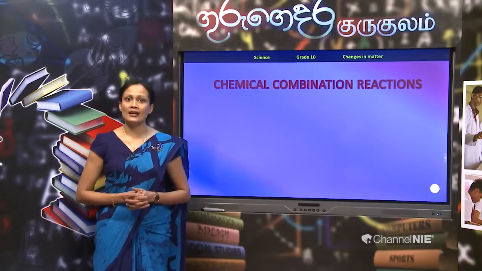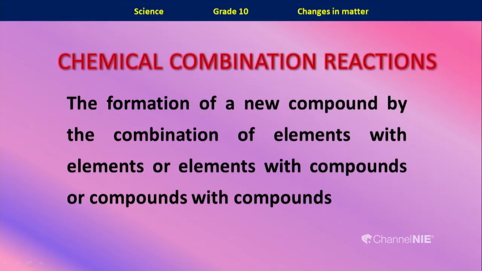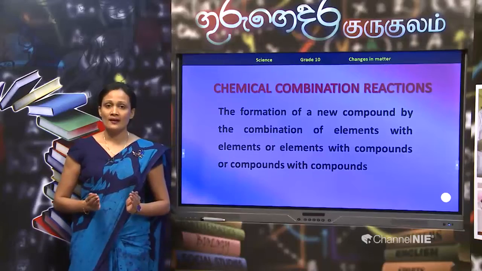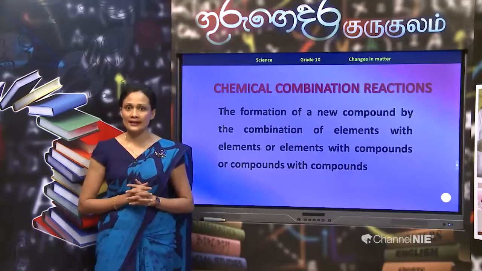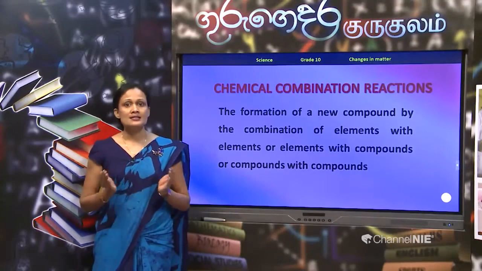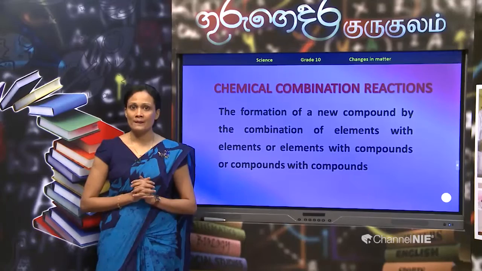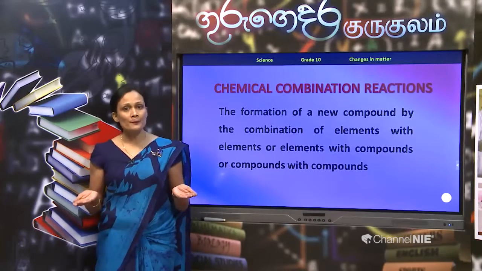Chemical combination reactions. Let's see what chemical combination reaction means. The formation of a new compound by the combination of elements with elements, elements with compounds, or compounds with compounds. That means there are some reactions where two or more elements are reacting. Sometimes some chemical reactions occur where two or more compounds are reacting.